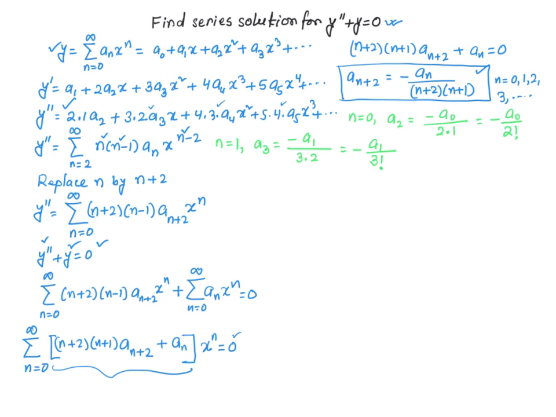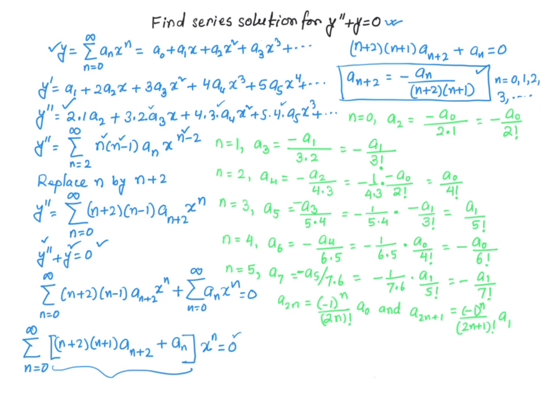Now I can continue this journey, and I'm going to get the following values. For n is equal to 2, I get a sub 4, and this turns out to be a0 over 4 factorial.